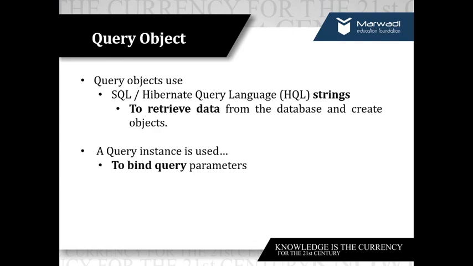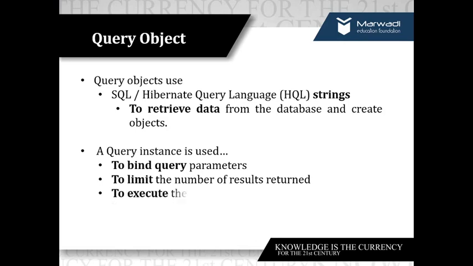This query instance can bind parameters, it can also limit the number of rows returned from a particular execution, and finally it can execute the query. So these are some of the functionalities for which the query object is needed.